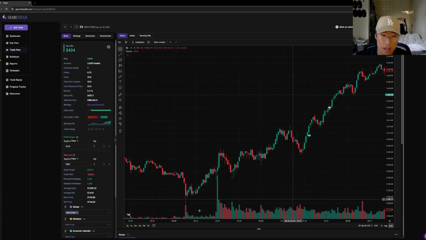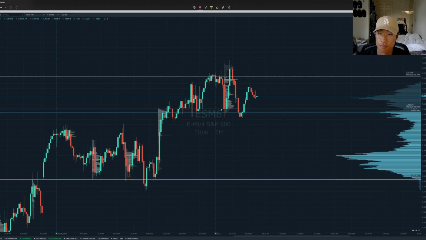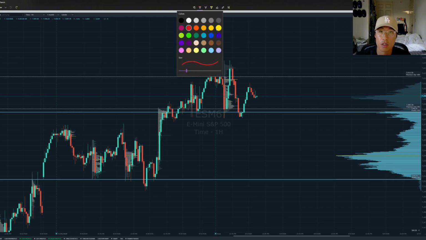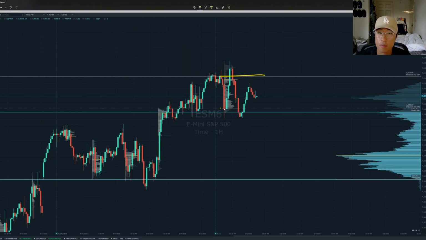So coming into our daily plan here, price was opening inside previous day value areas. With the POC traveling upwards, I determined that we were in an uptrend, and I wanted to take trades that followed this uptrend.